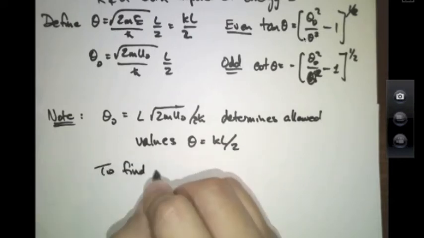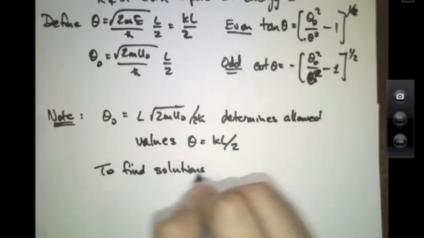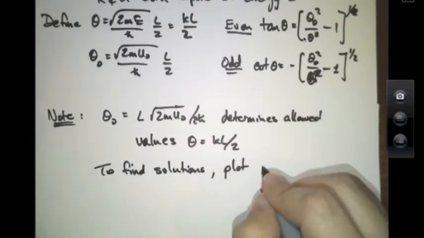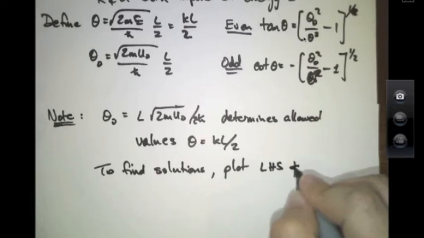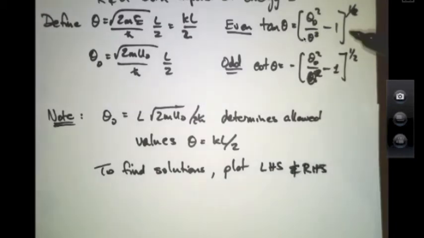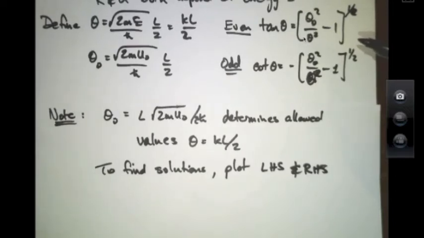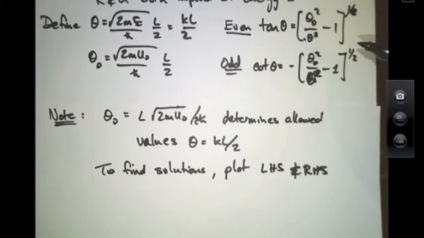To find these solutions, we're going to plot the left-hand side and the right-hand side of these equations up here separately. And whenever this left-hand side graph equals the right-hand side graph, that's going to equal a solution. Solutions are going to occur for slightly less than odd multiples of pi over 2 for the even wave functions, and slightly less than even multiples of pi over 2 for the odd wave functions. Let's try to look at that.